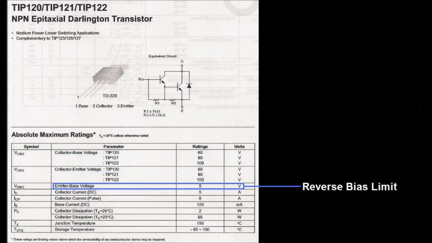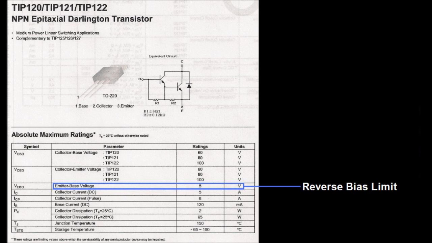Next, we have the reverse bias limit. This is the maximum reverse voltage before breakdown occurs. Between the emitter and the base, the emitter can only be 5 volts, and this refers to the collector being open, as the symbol says.